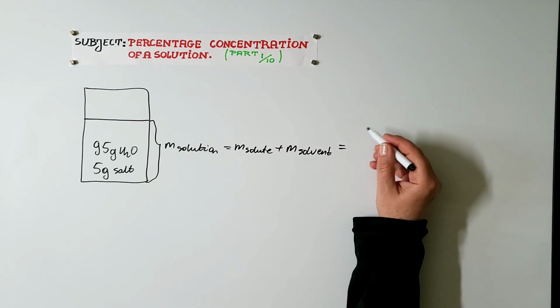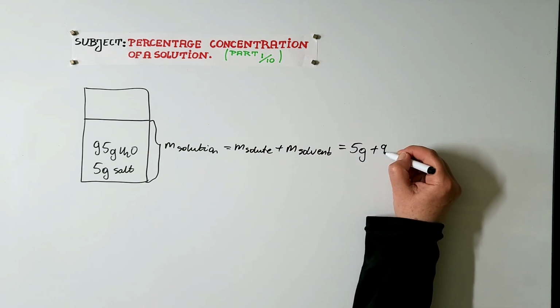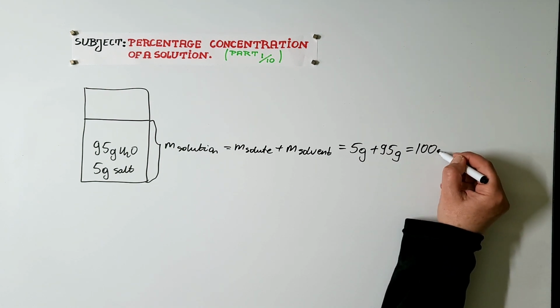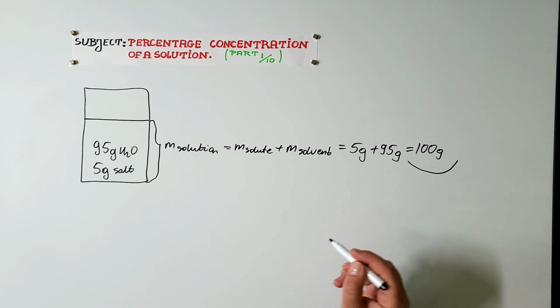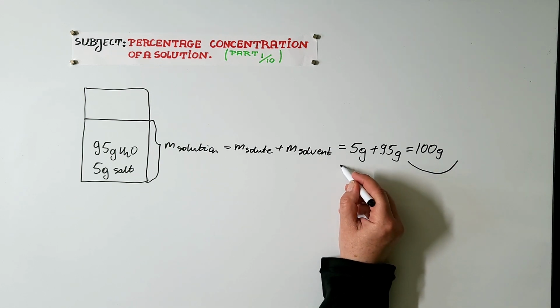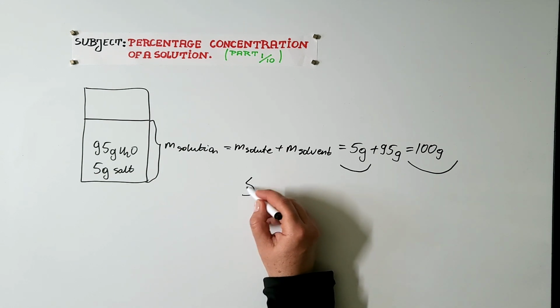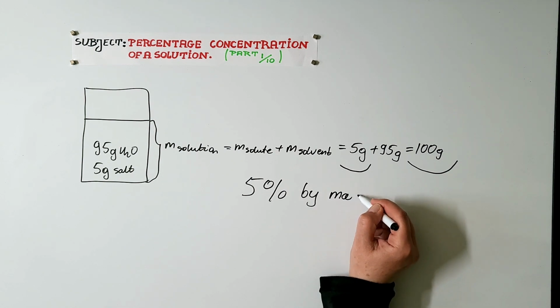So in our case, the total mass of solution is 5 grams plus 95 grams, which is equal to 100 grams. Now we see that in 100 grams of solution, there are 5 grams of solute. And based on the definition of the percentage concentration by mass, this solution is 5% by mass.